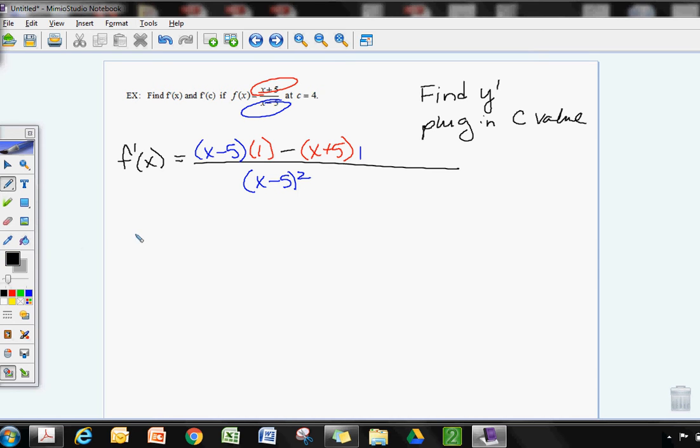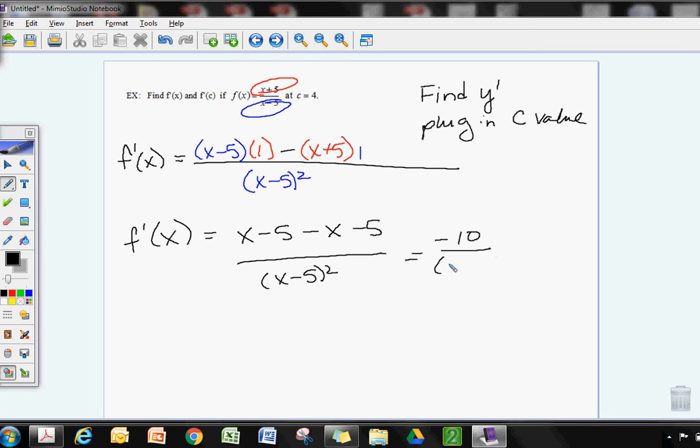Okay, so my derivative, just working this out fast, is x minus 5, subtract an x, subtract a 5, all over x minus 5 quantity squared, which is the same as negative 10 over x minus 5 quantity squared.